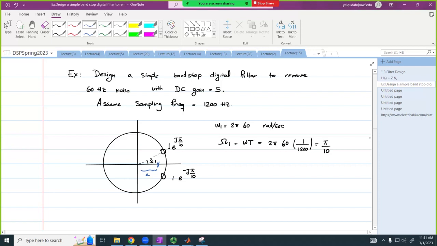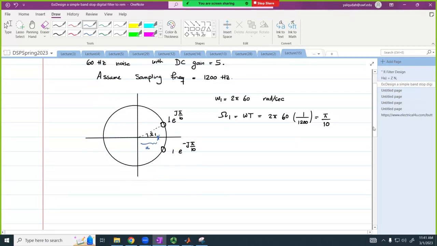Okay. So what is the frequency response of this filter? Sorry, I meant to ask what is H of z for this filter?